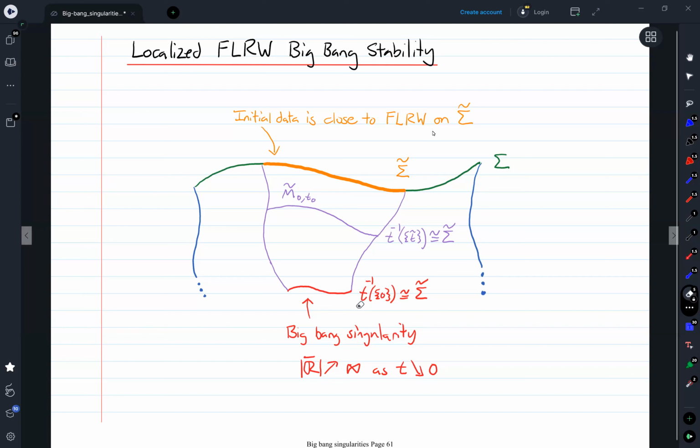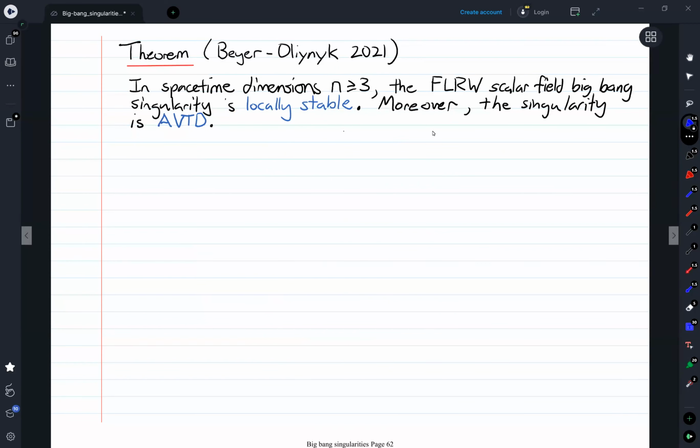Whatever this maximal development looks like out here, we have no idea, but at least here we know a portion of the boundary of the spacetime is going to look like an FLRW Big Bang. If you can do that, then you would say that your FLRW Big Bang is locally stable. That's what we were able to prove.